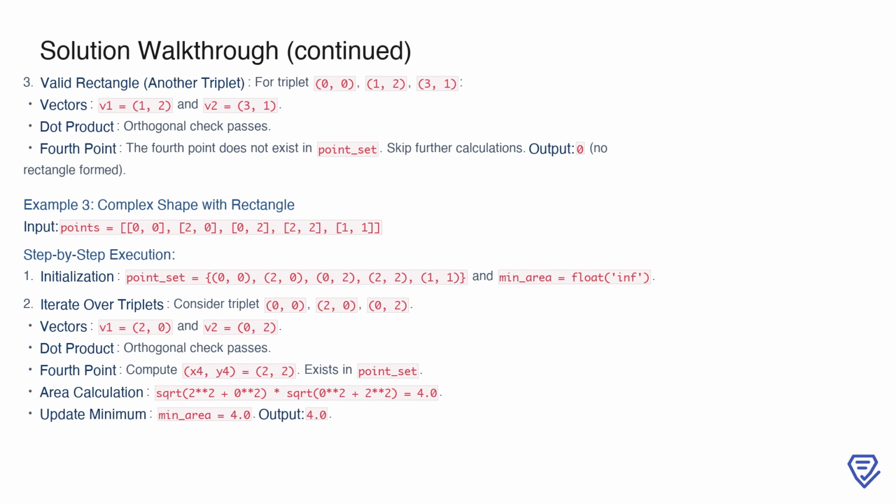The orthogonality check passes because the dot product is 0. Using these vectors, we compute the fourth point (2, 2) and find it exists in the set. With all points verified, the area calculation gives 4, which updates our min_area. As a result, the output for this input is 4, representing the smallest rectangle area formed from these points.